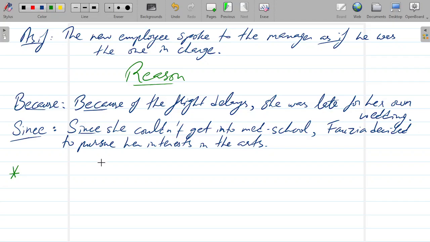Another thing. I can rewrite this as a compound sentence. Okay, so for example, let's use so. Fauziya couldn't get into med school.